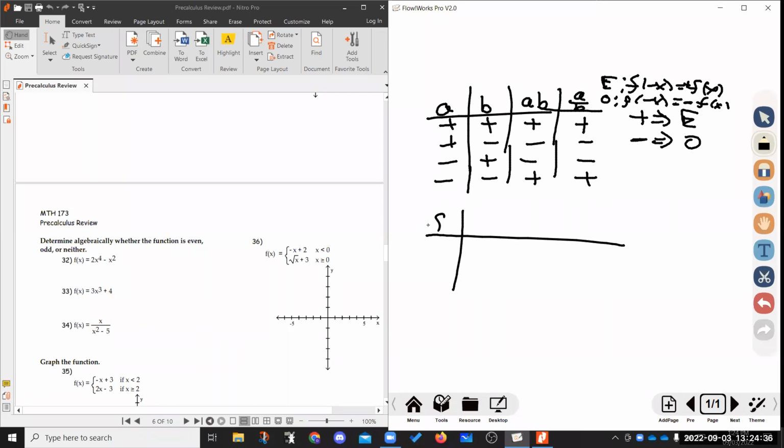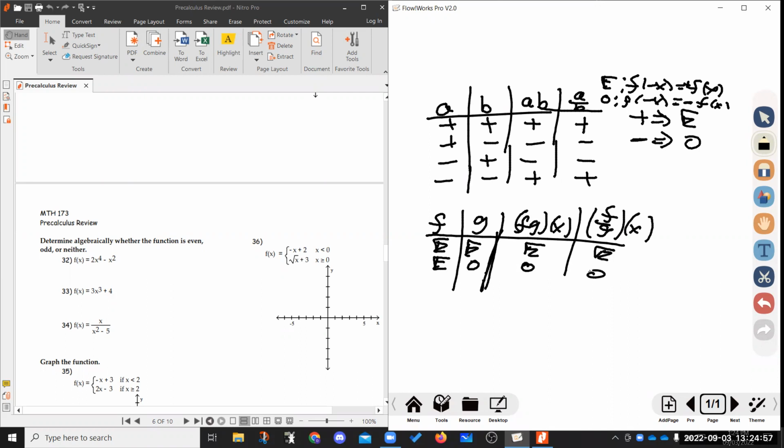So if I have a function f and a function g, then f times g of x or f divided by g of x, whether those are even or odd: if I have an even function and an even function, these will be even. If I have an even function and an odd function, these will be odd.